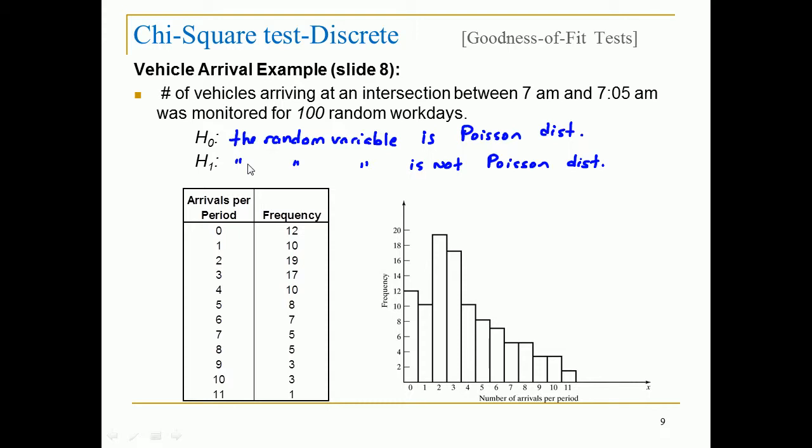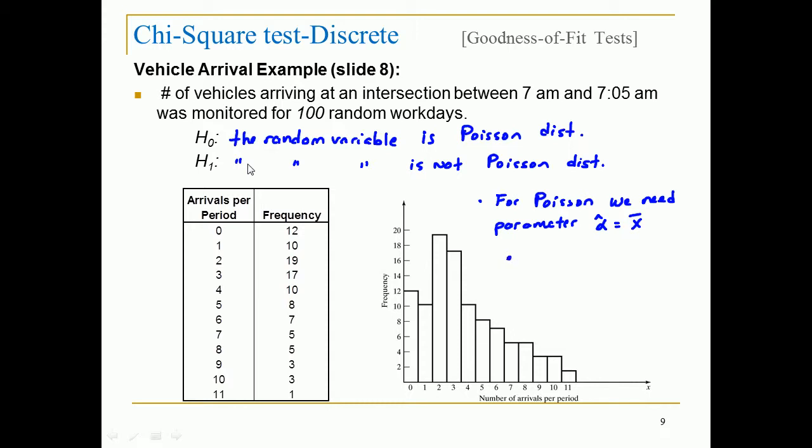So for the Poisson, we need to estimate the parameter alpha or lambda, which is the mean rate. So for Poisson, we need the parameter alpha hat, and based on the information in the table, we know that we can estimate that parameter using the average mean.